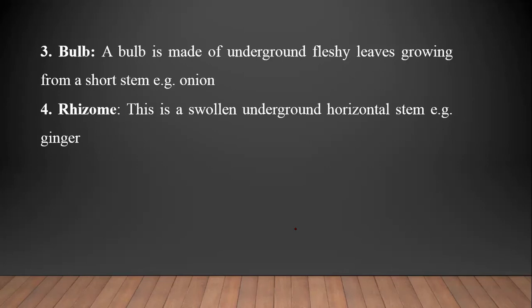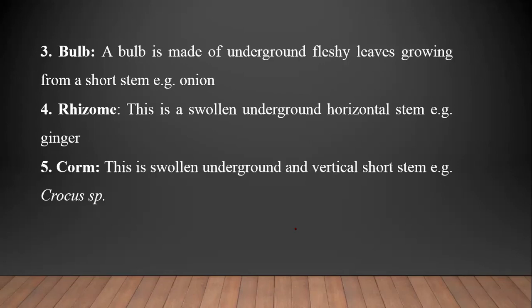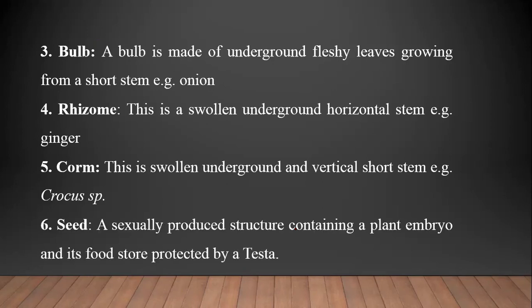All right, then we have also what we call a rhizome. Okay, this is a swollen underground horizontal stem like ginger. All right, we also have corn. I'm sure you all know what corn is in Zambia. Anyway, they've got funny names, but hopefully one of these days we'll show you what corn is. All right, then we have seeds.